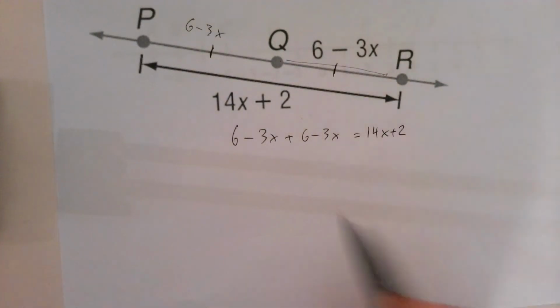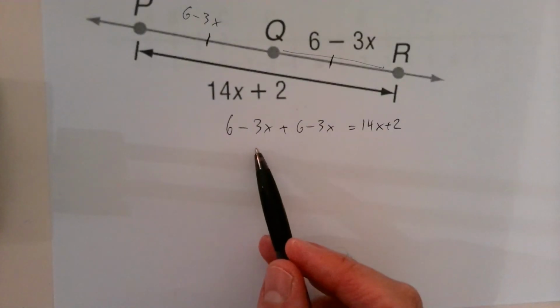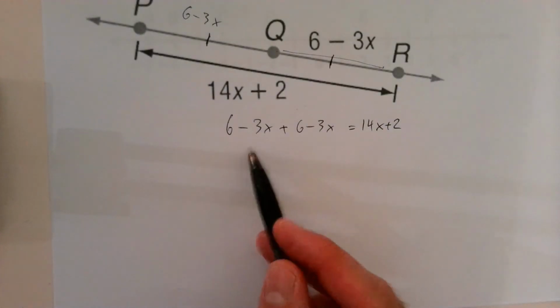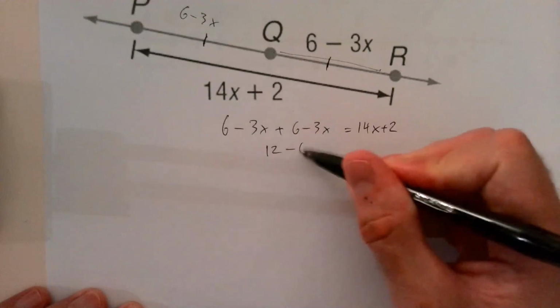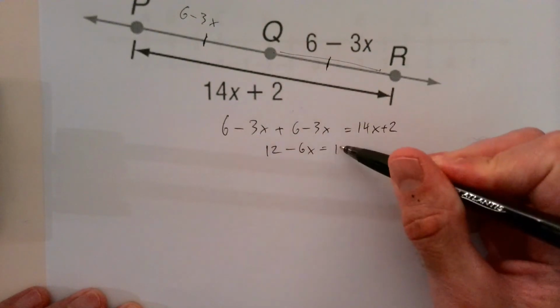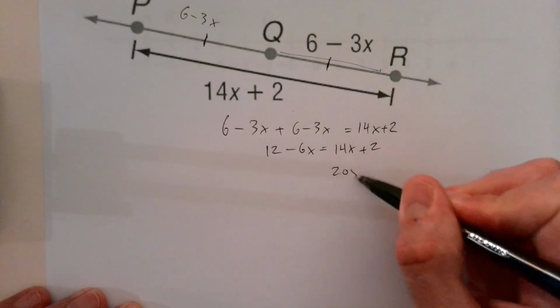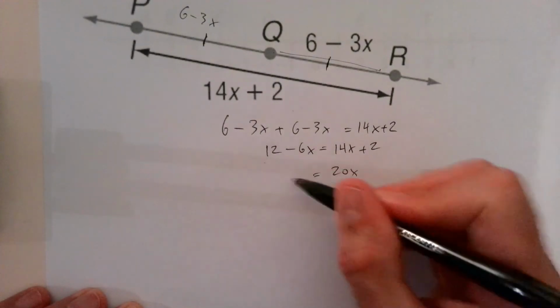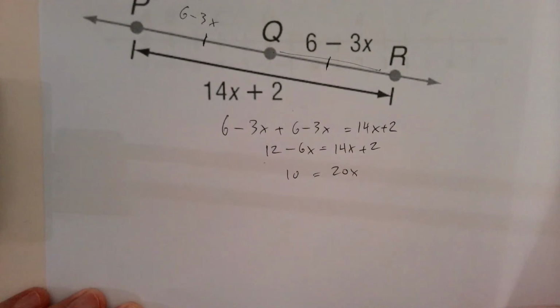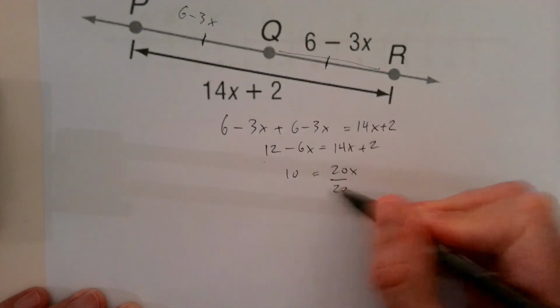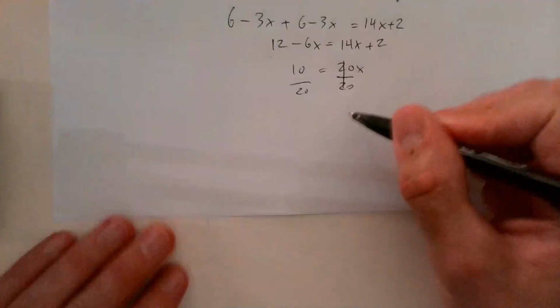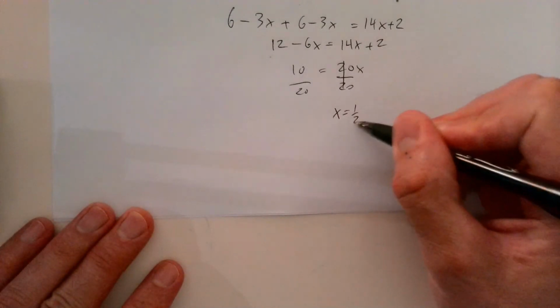Some of you might be thinking, couldn't I just multiply that by 2? Yeah, you can. Just be really careful with that distribution. You'll get the same exact answer. Add 6, take away 2, and so we got to divide by 20. So x is going to be a half.